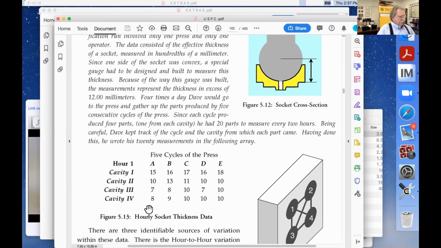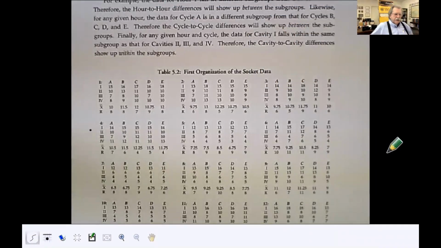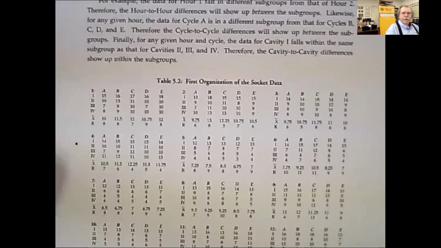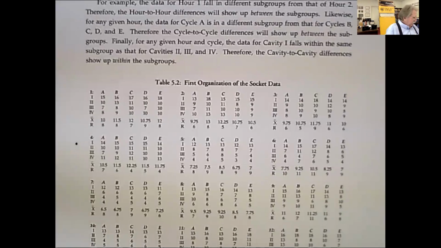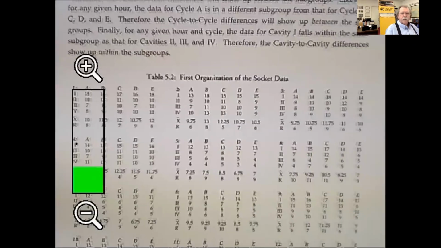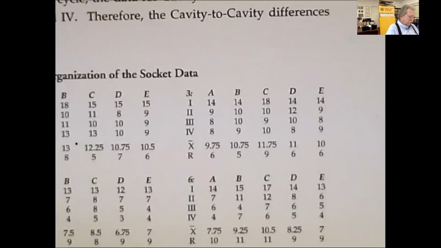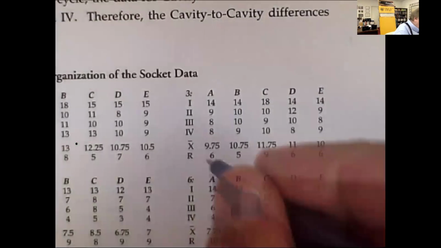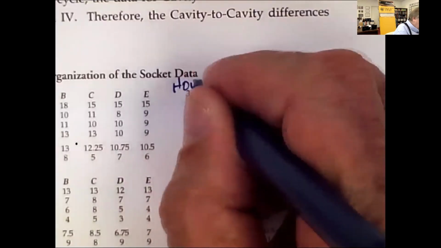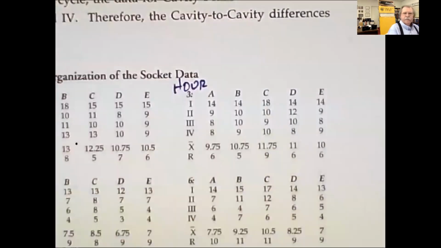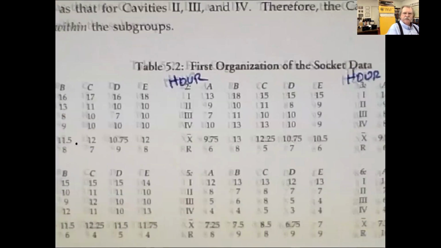And the data are given starting on page 103. So we're on page 103 in Understanding SPC. We have hour to hour to hour. So each block is a different hour.